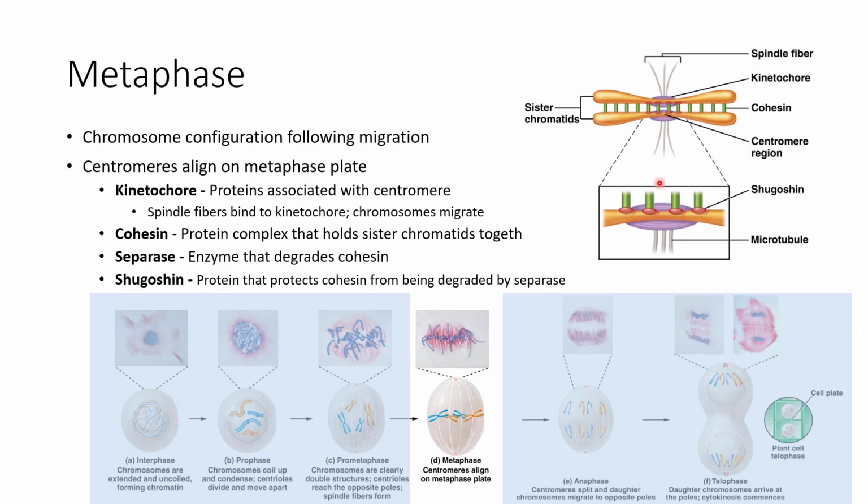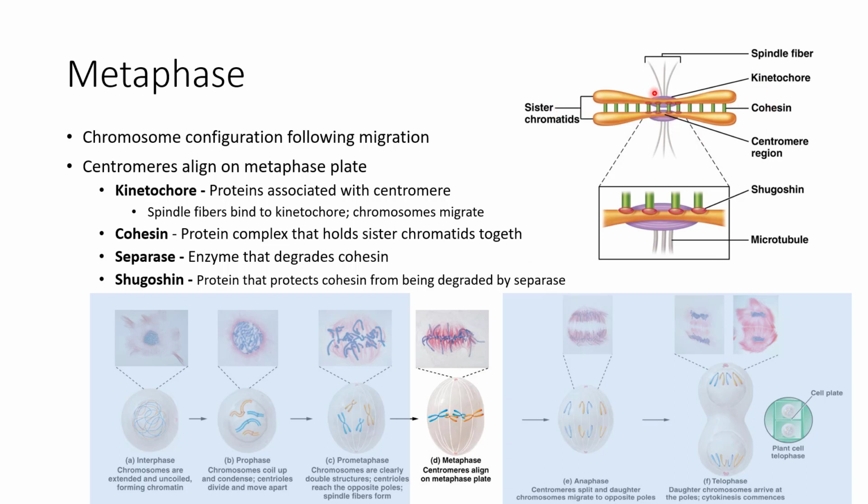All of the centromeres have aligned on that metaphase plate, and the kinetochore are the proteins that are associated with the centromere. And this is where our spindle fibers bind and help pull our two sister chromatids apart.